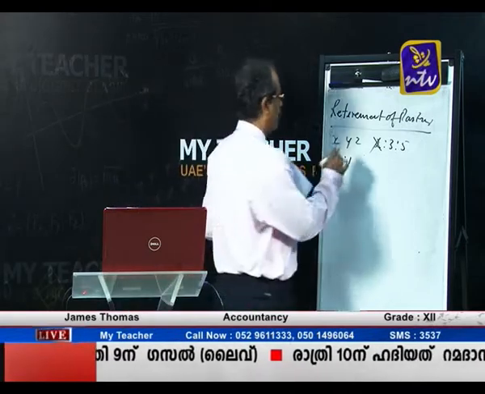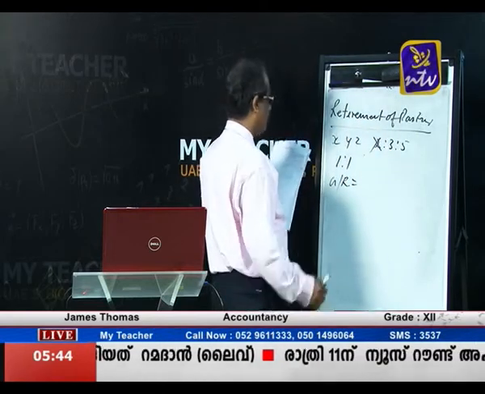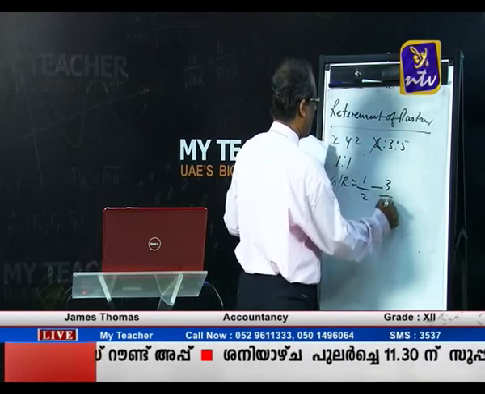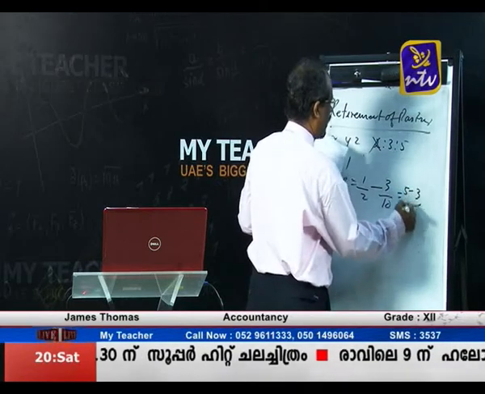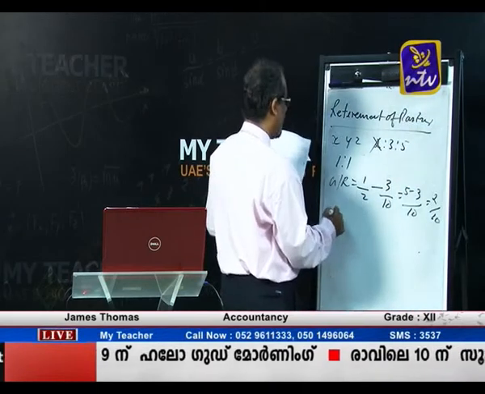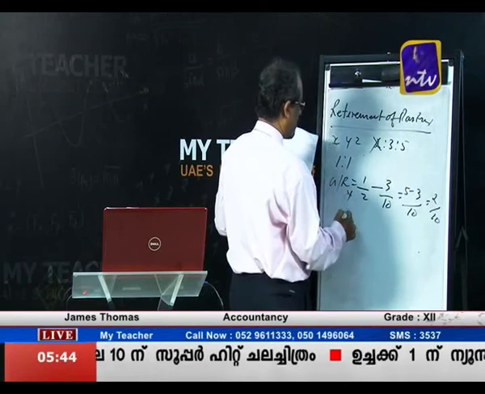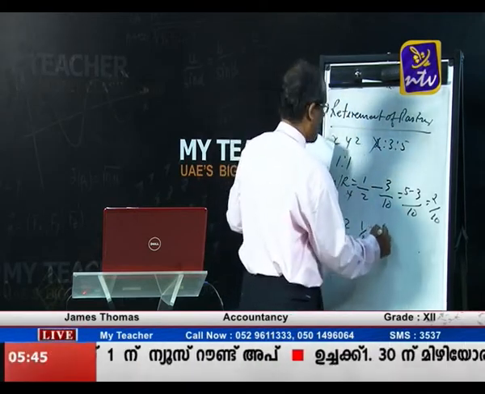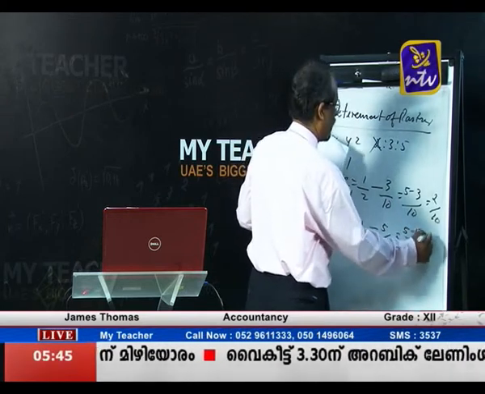So here we want to find out the gaining ratio. So what is our formula? New ratio minus old ratio is equal to gaining ratio. So that is 1/2 minus 3/10 for Y, and for Z, 1/2 minus 5/10, that is 5 minus 5, that means 0.